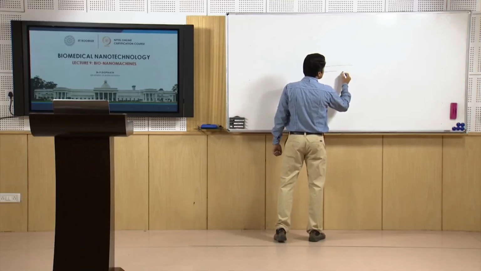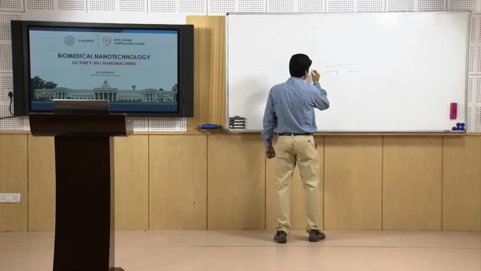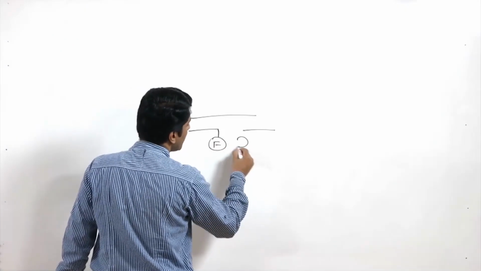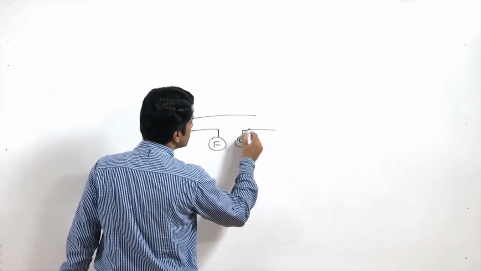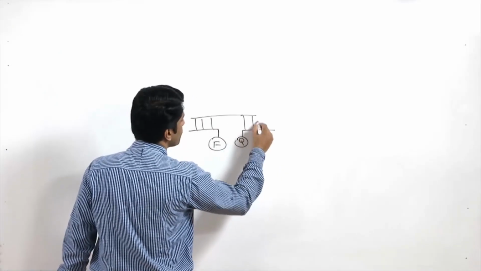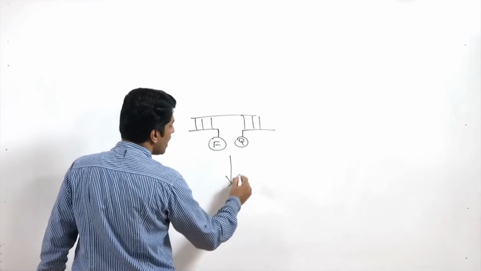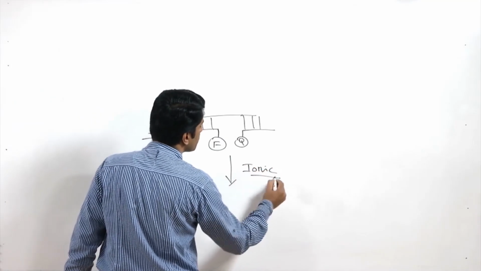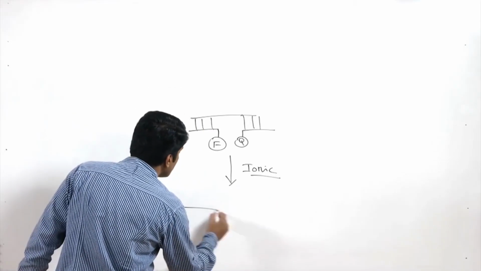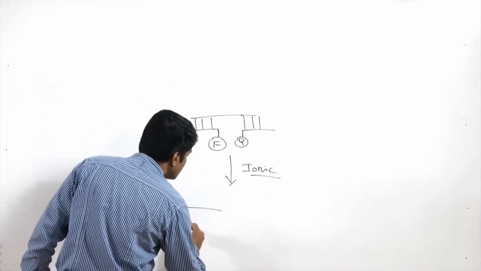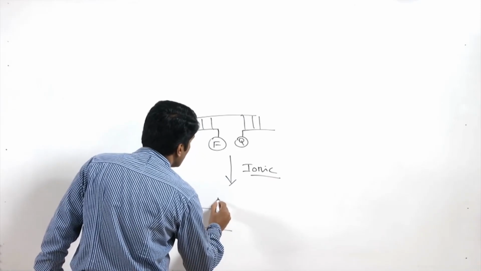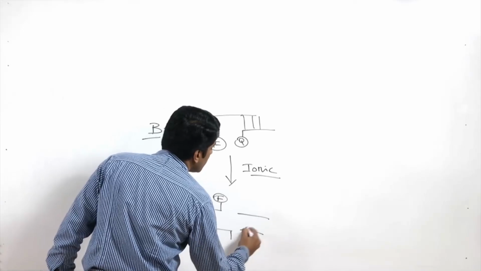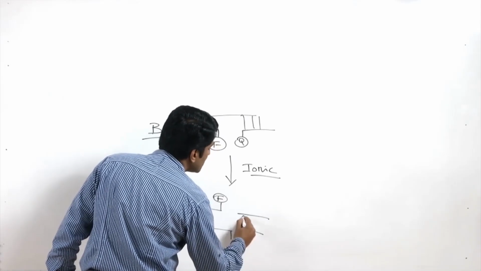So here you can see, when it is in the bDNA form, both the fluorescence and quencher will be together. When you change the ionic condition, this bDNA will become zDNA, and your fluorescence and quencher will be separated.